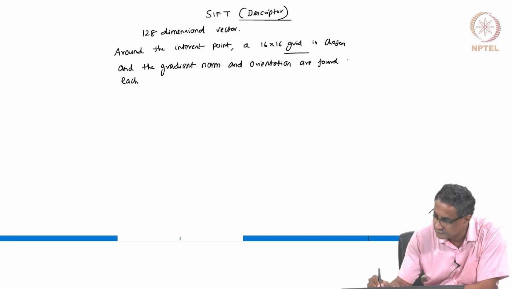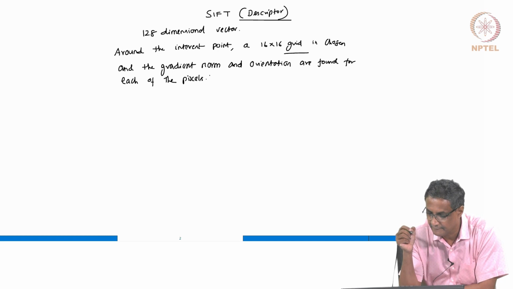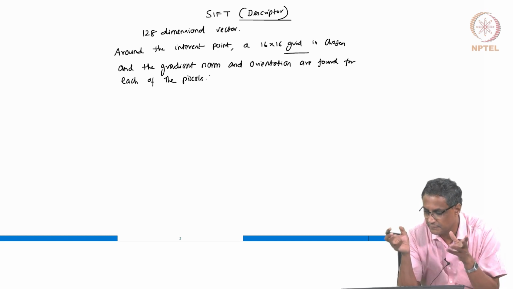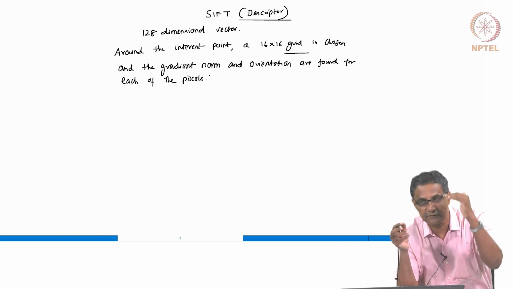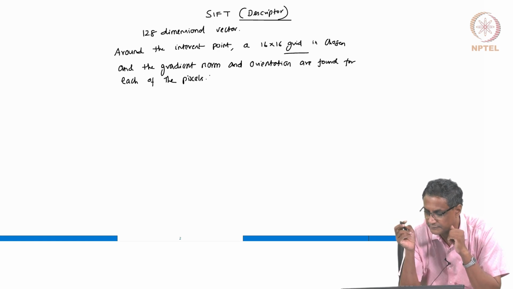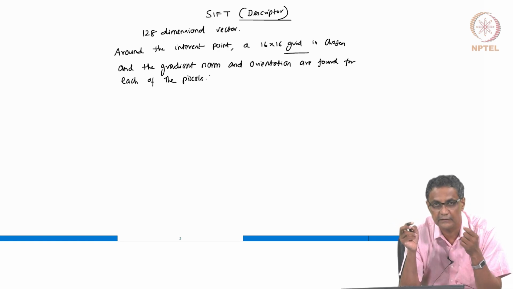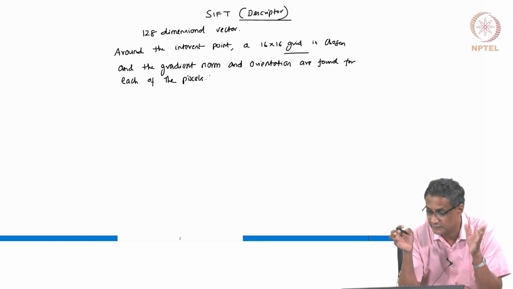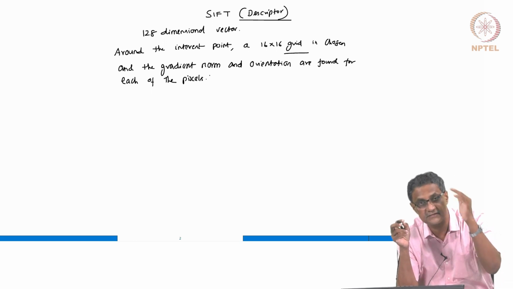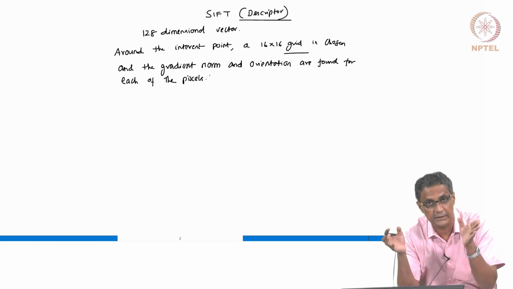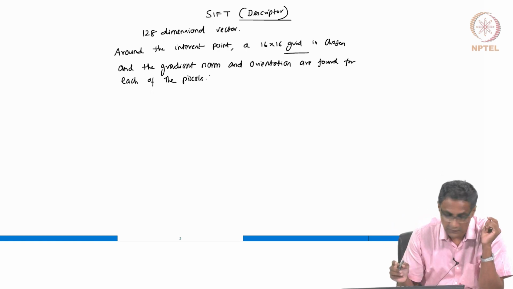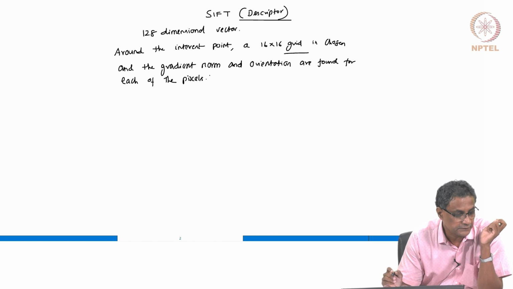Then there is a Gaussian weighting done on this norm, because this grid can also be big, since it changes with the scale, by which I mean the extreme point at whatever scale you found. So by the 16 cross 16 grid, we mean that at that scale it could be a large region.